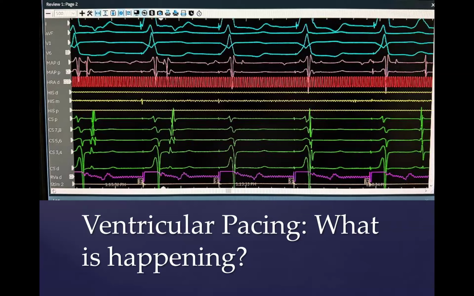Okay, so if I'm looking at the coronary sinus catheters, the initial deflections that I see are the ventricular depolarizations, and we're V-pacing.